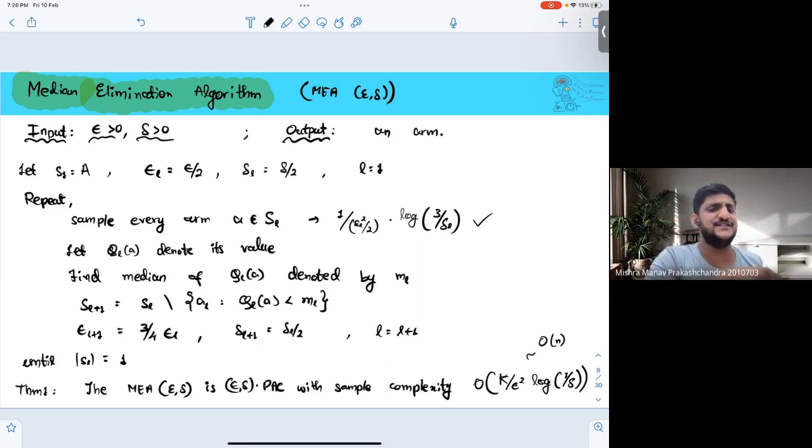If you put delta to be very, very small, this number changes, and it gives a theoretical guarantee that if I use this method, I will always get the epsilon optimal arm. Okay.